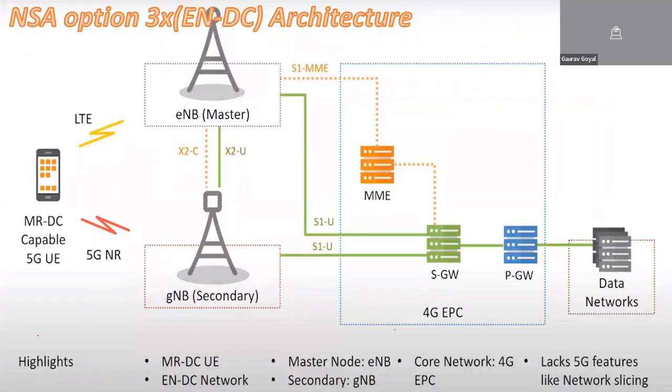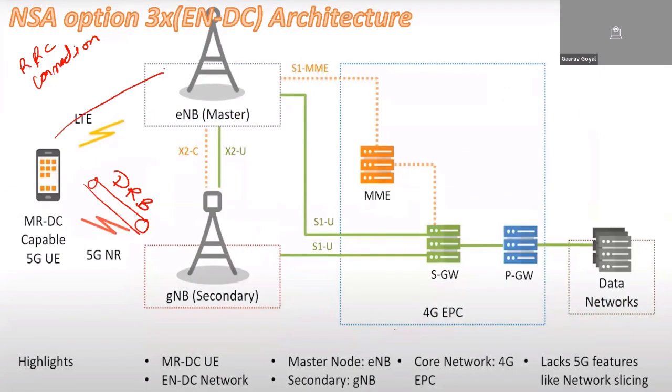Right? So you can see here there may be only a data radio bearer between the UE and the 5G, but the RRC connection will be between the UE and the LTE, right? There can be various radio bearers, as you know, SRB0, SRB1, SRB2.